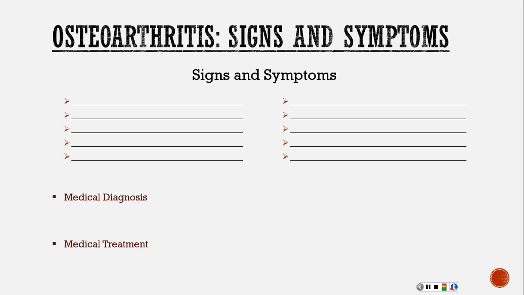Visually, you will see skeletal muscle atrophy. A later sign is also difficulty with activities of daily living.